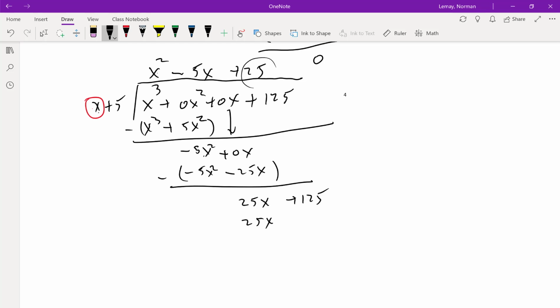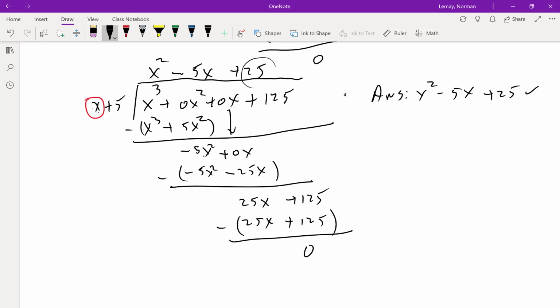So 25 times 5 is 125. And we get a plus here. So again, when we go to subtract, 25x plus 125 minus 25x plus 125, we get a 0. So now our final answer is x squared minus 5x plus 25.